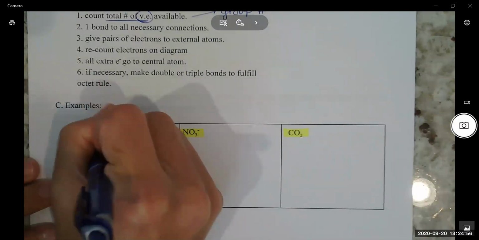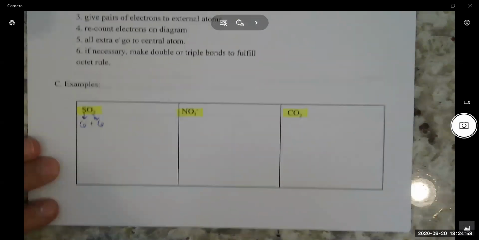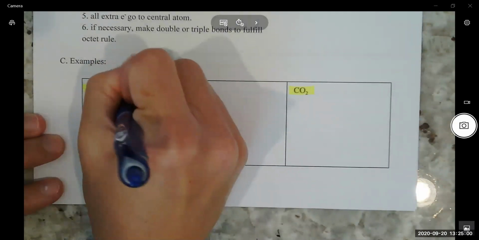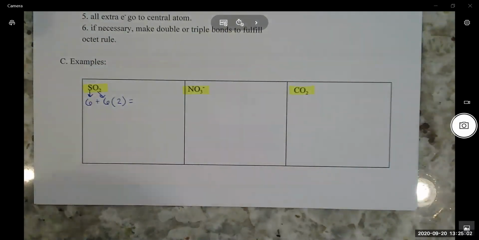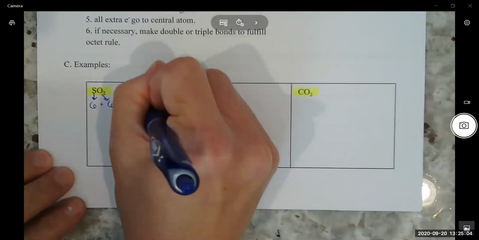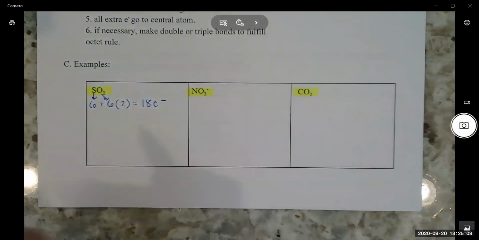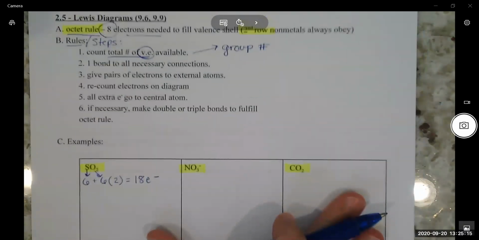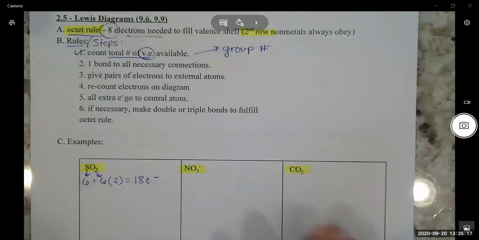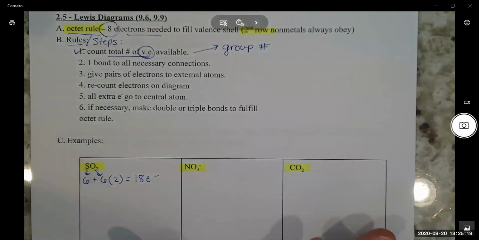Oxygen is also in group 6A and has 6 valence electrons, but there are 2 oxygen atoms, so we have to multiply that number by 2. In total, that gives me 18 valence electrons. That means the diagram I draw has to have 18 electrons in it, no more and no less. So step number 1 is to count your total number of valence electrons.